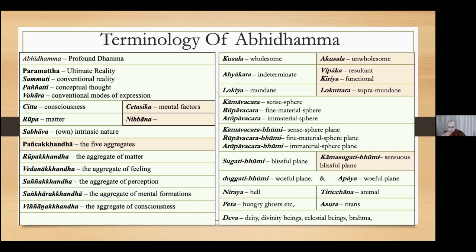we just need to introduce them. Many of the terms on this page are already used in our previous lessons. In this lesson, I collected the terms up to chapter 6, because this time we intend to finish our study up to chapter 6, the chapter on materiality, Rupakanda.